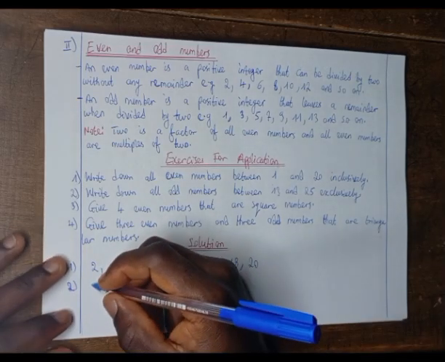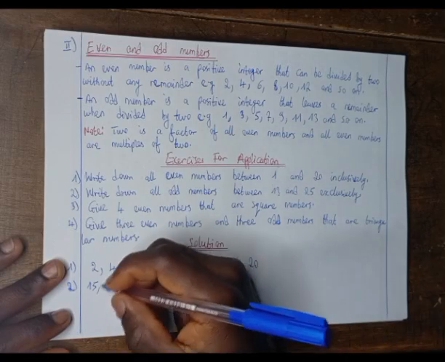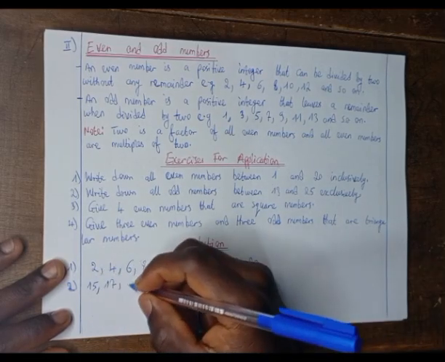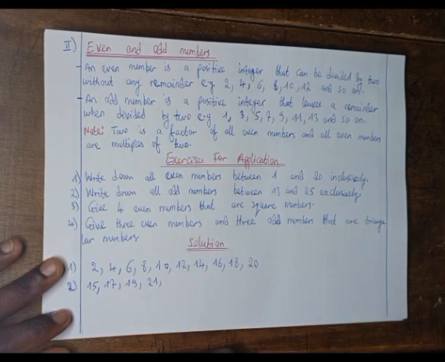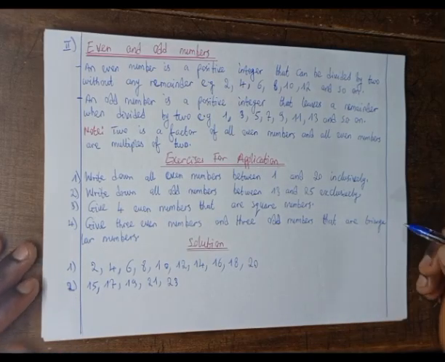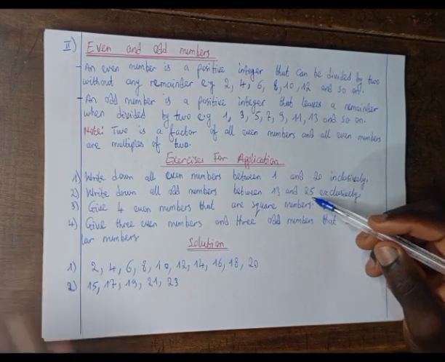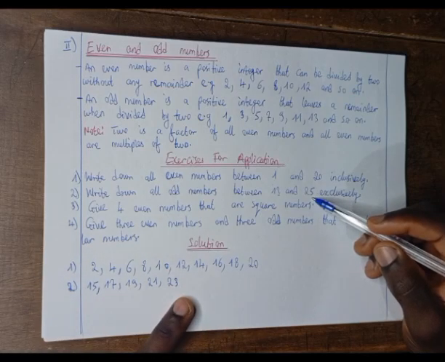After 13, we know the next odd number is 15. The next is 17. We are just adding 2. The next 19, 21, 23. And the next one is 25, but we have been told exclusively, so we are going to leave out 25. We are going to end here.